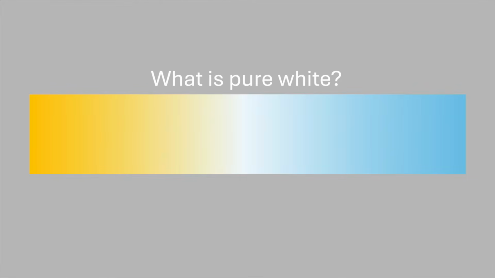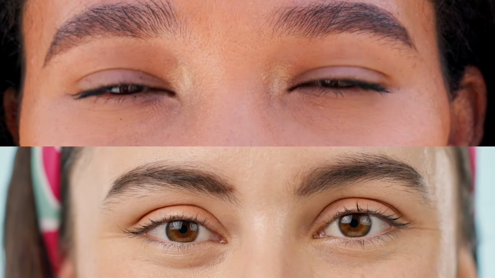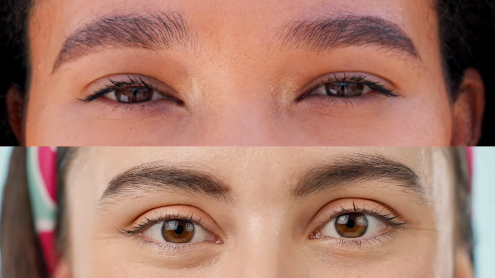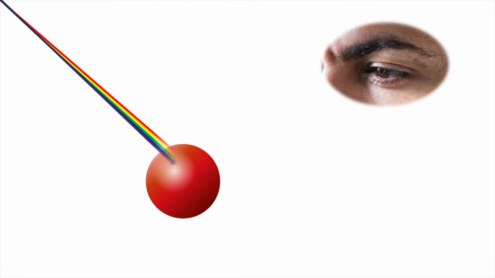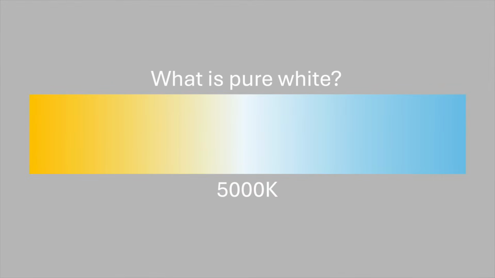Some experts say pure white or neutral light is 3500 K. Some say 5000 K, and some say 6500 K. This is probably because the human eye literally sees color differently by individual, even if slight. I give a thorough explanation of this in my Understanding Color class. The most common opinion, though, is that it's 5000 K.